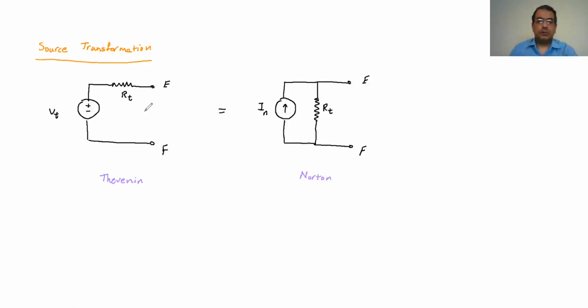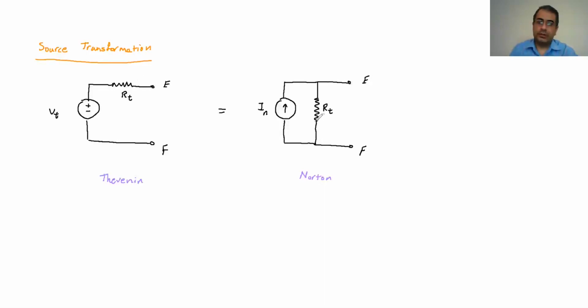Knowing that, sometimes I can just replace these two with each other. So if I have a circuit, and in my circuit I have a battery in series with a resistance, I can remove these two and replace it with the current source in parallel with the resistance, with the same resistance.